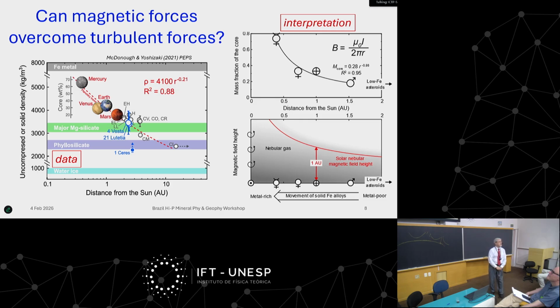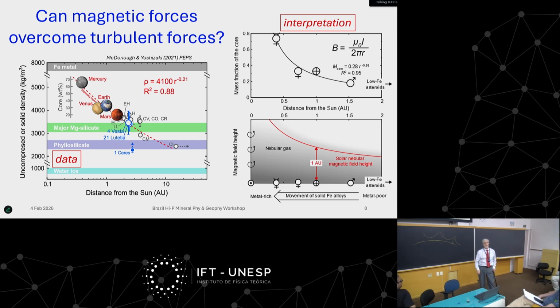But this correlation also works well for the bodies in the asteroid belt. And this is looking at uncompressed density versus distance from the sun. And it basically says that the distribution of iron might be controlled by the magnetic field in the early solar system.